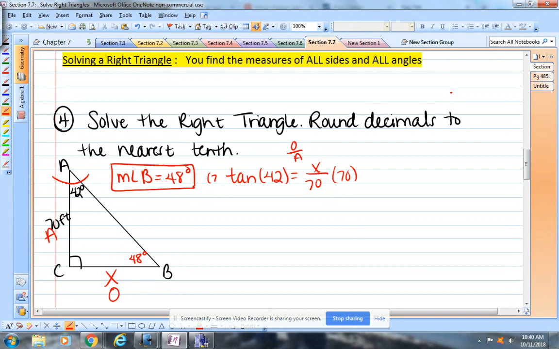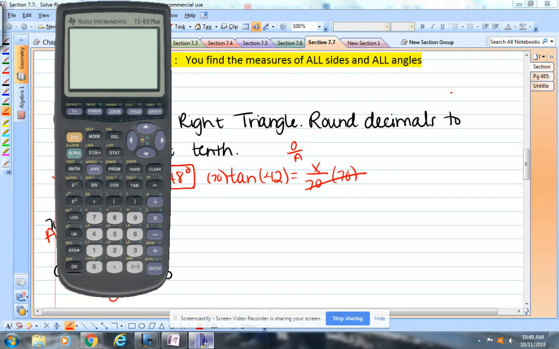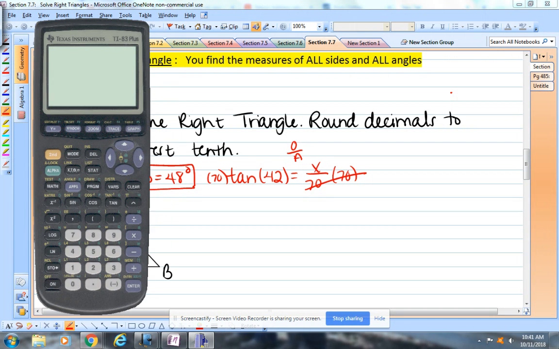Multiply by 70 on both sides. Those cancel. And I can type that straight in my calculator. 70 times tangent of 42. Do not use inverse because you know the angle measure.